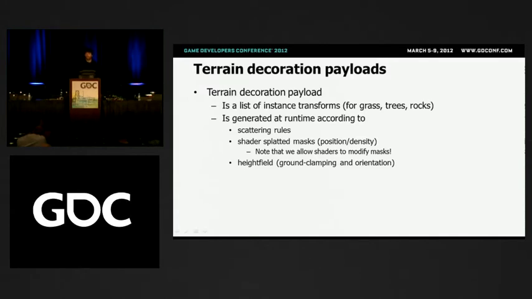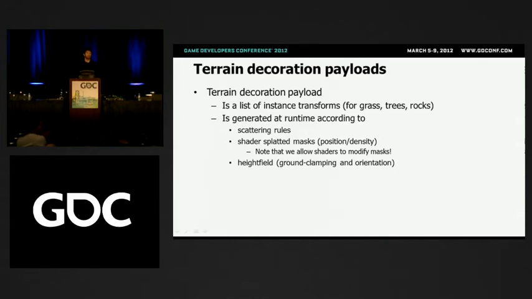As I said, the system is consistently using quad trees, so it's not only for the height field, it's also for the terrain decoration. And the terrain decoration payload is just a list of instance transforms. Those transforms are generated at runtime. The algorithm takes as input a set of rules, including density and scale factors and stuff like that.